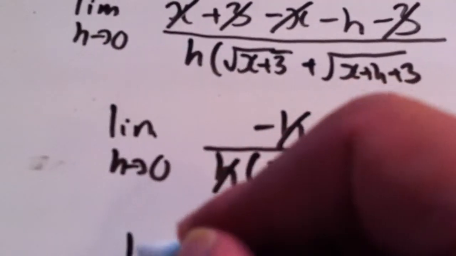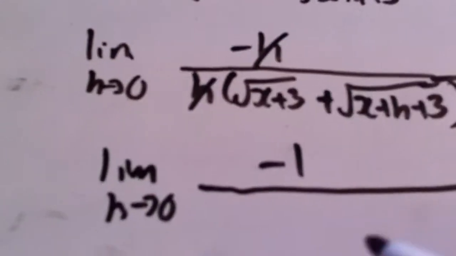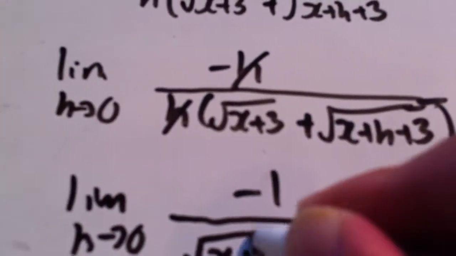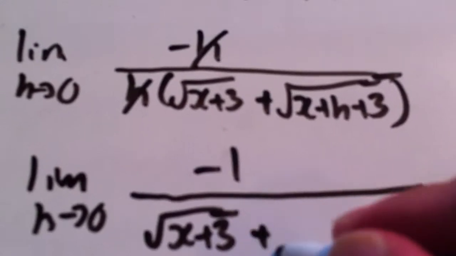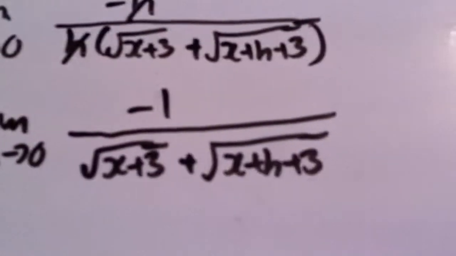And what we have simply here is limit as h approaches 0, the top simply becomes minus 1, so there's no more h on the top, and the bottom is just root of x plus 3 plus root of x plus h plus 3.